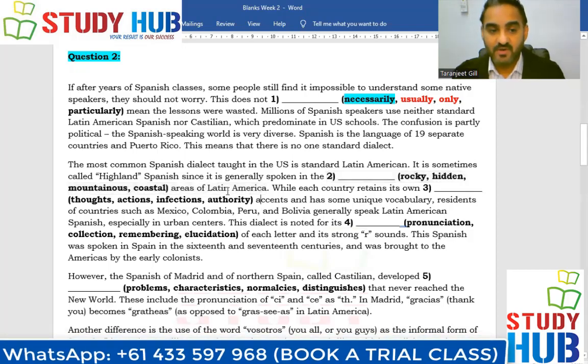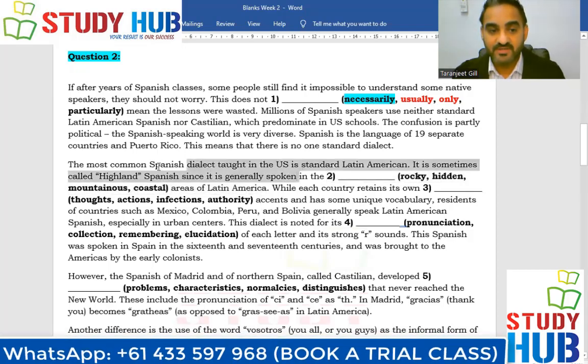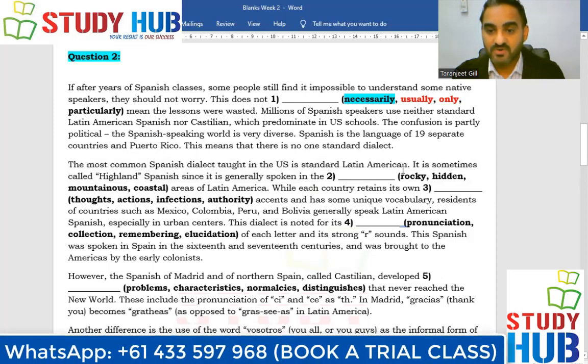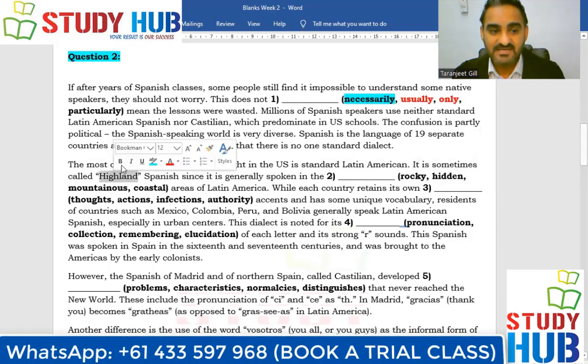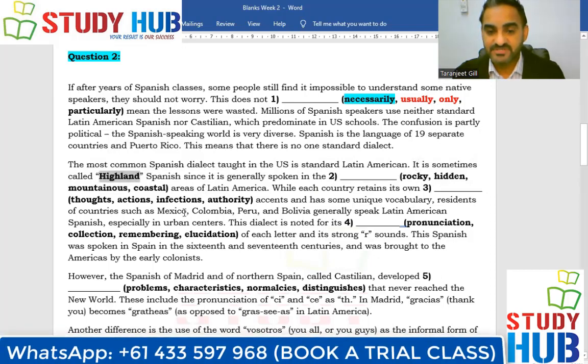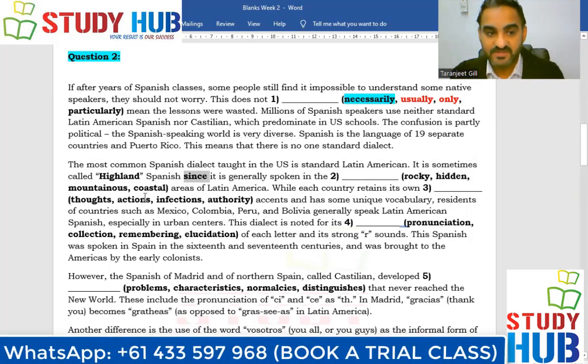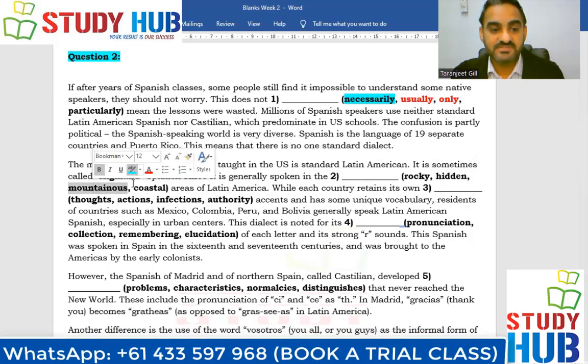So in order to find out the actual answer, you will have to look at the other words being used here. Number one, we are talking about language. This type of language is sometimes called Highland Spanish, since it is generally spoken in the dash areas of Latin America. So it is called Highland for a reason. Why? Since it is spoken in higher areas of Latin America. So therefore, in this case, the answer will be mountainous areas.